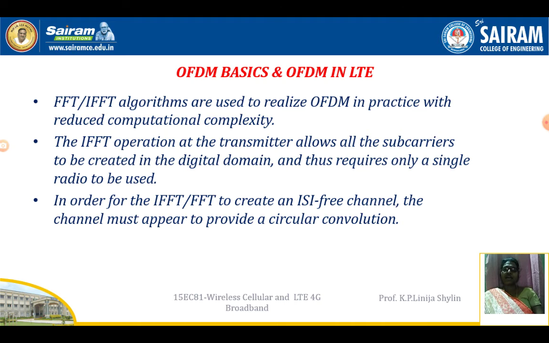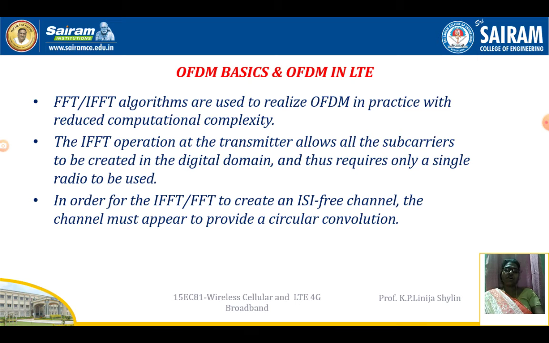Here the fast Fourier transform and inverse fast Fourier transform algorithms are used to realize the OFDM, which reduces the computational complexity. In the IFFT operation, the transmitter allocates all the subcarriers in the digital domain and thus requires only a single radio to be used, so that to create an ISI free channel, the channel must appear to be a circular convolution.